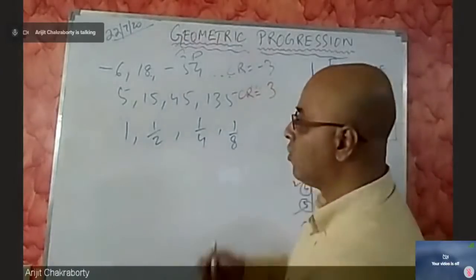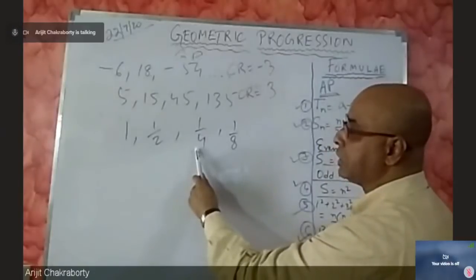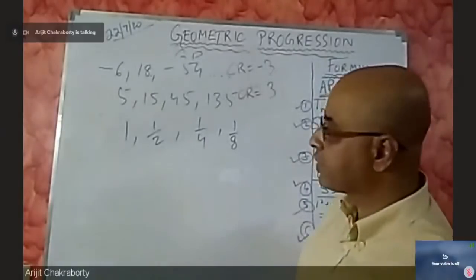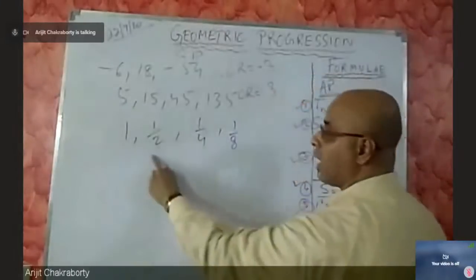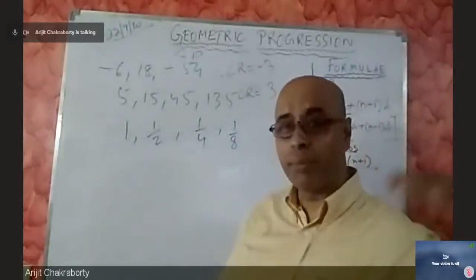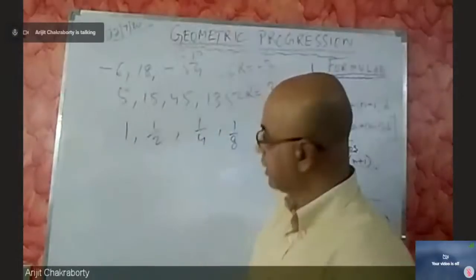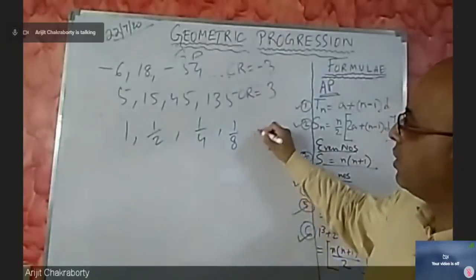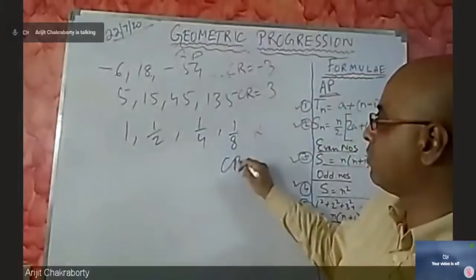The last one, 1, then half, then 1/4, then 1 by 8. Decreasing trend from 1 to half, then 1/4, then 1/8, becoming from big to small. So here the common ratio, CR, in this particular case is half.